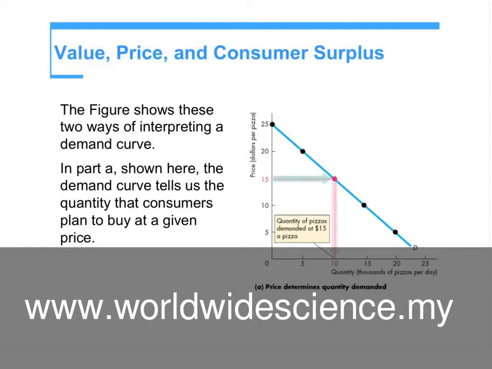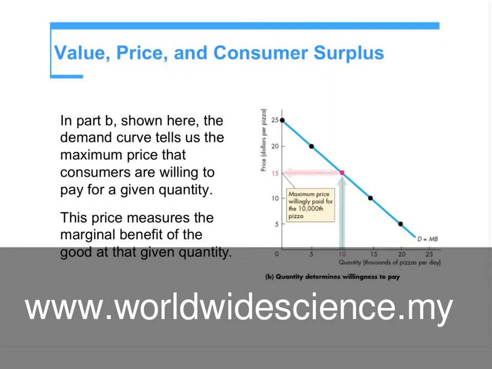In part B, shown here, the demand curve tells us the maximum price that consumers are willing to pay for the given quantity, which is the same. So the customers are willing to pay a maximum of $15 for 10,000 pizzas.